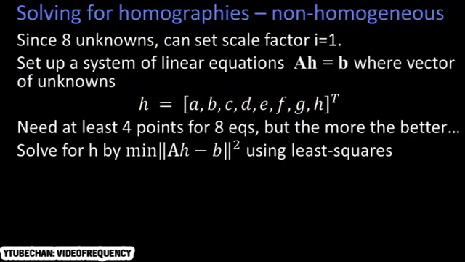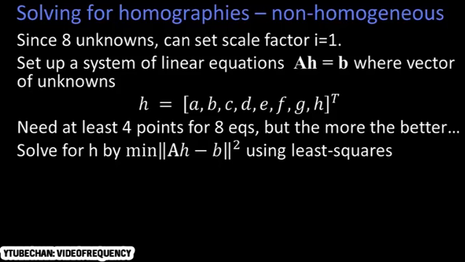Then we can set up a linear set of equations, Ah equals b, where the vector h is a, b, c, d, e, f, g, h. But this h isn't the same as that H. This is the h that's all the elements of the big matrix H, and this is the little h.